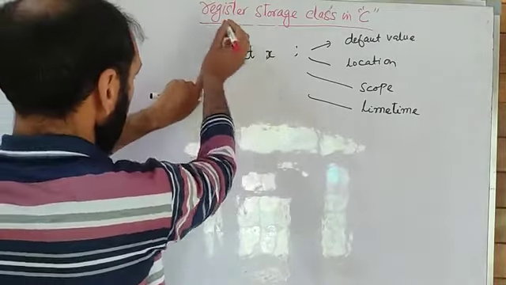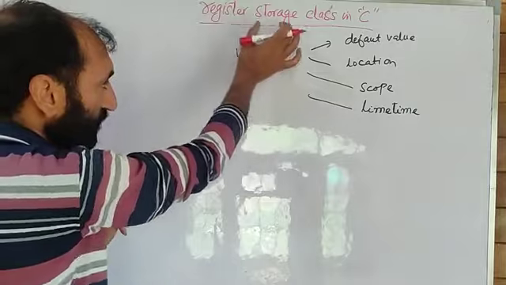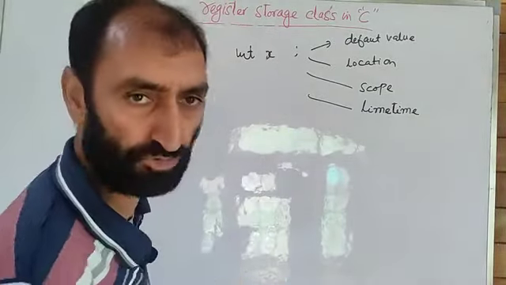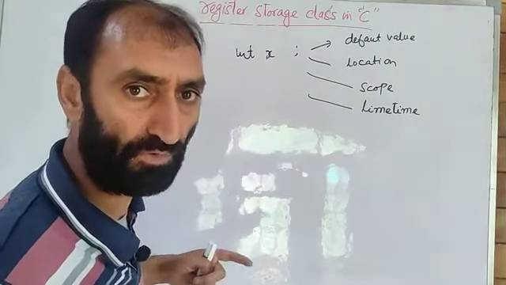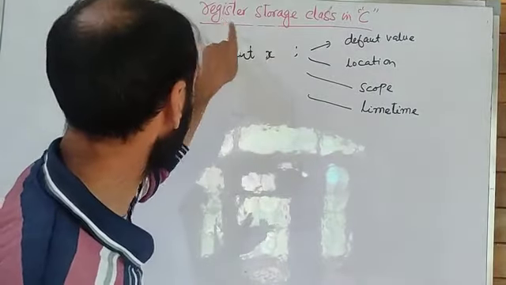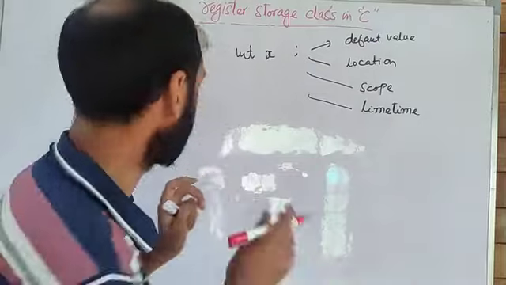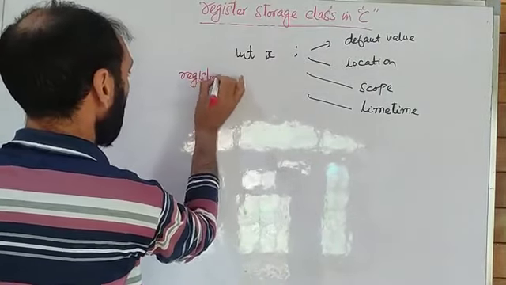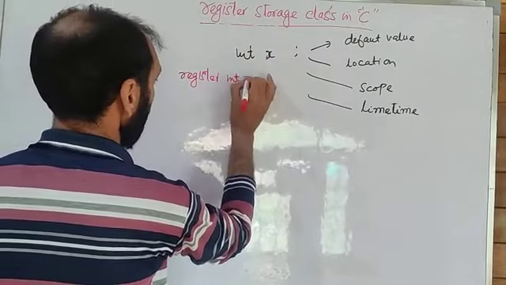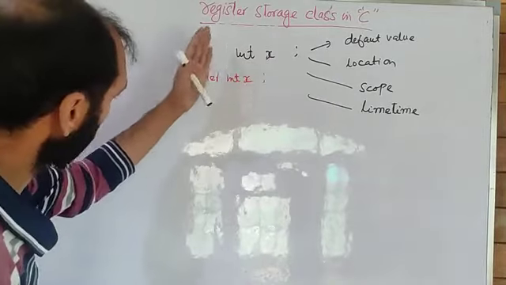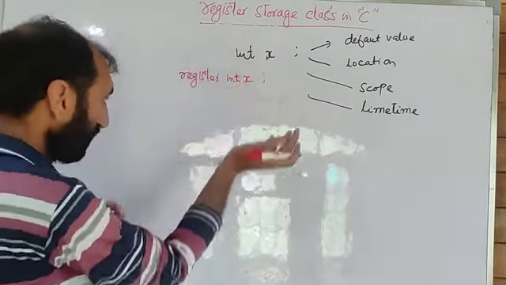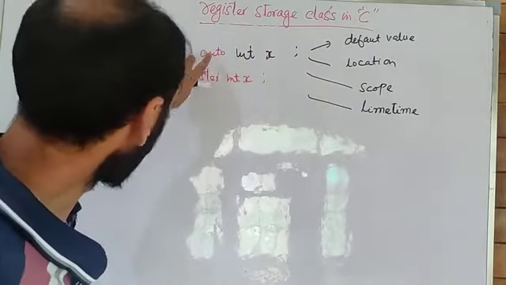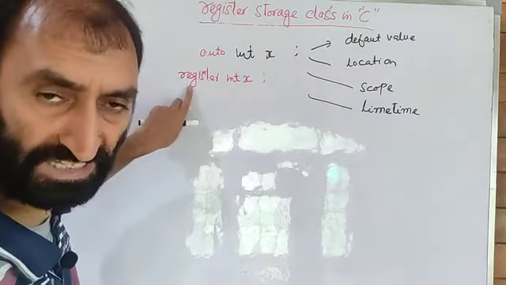Now here we are going to discuss the register storage class and how we have to declare a variable as a register storage class, or I can say how we can associate the register storage class with the variable. Simply, here we are going to use the keyword register and then the declaration of the variable, same as auto. That means in the auto case, we write auto; instead of the auto keyword, here we have to write register.